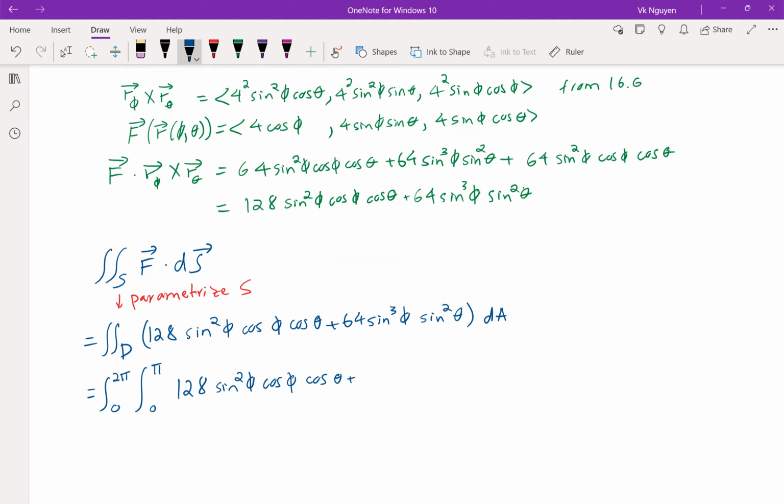I can turn the sine cubed into a sine and 1 minus cosine squared, because if I do that, then I can work out this integral.